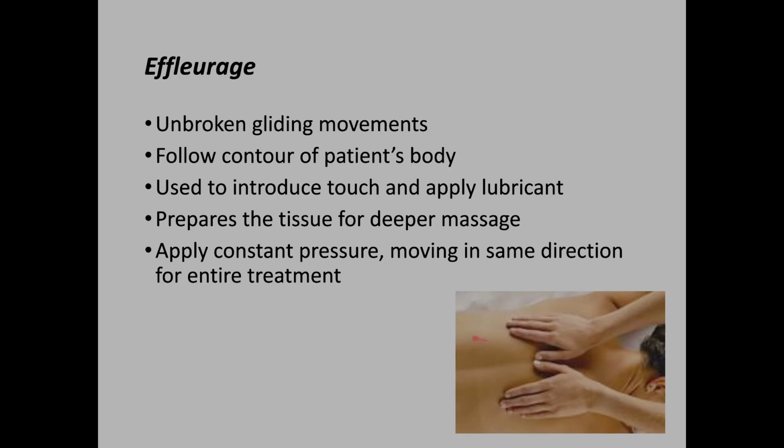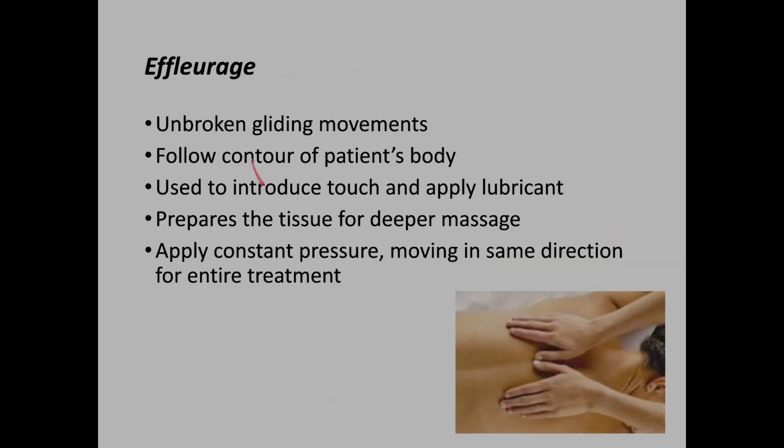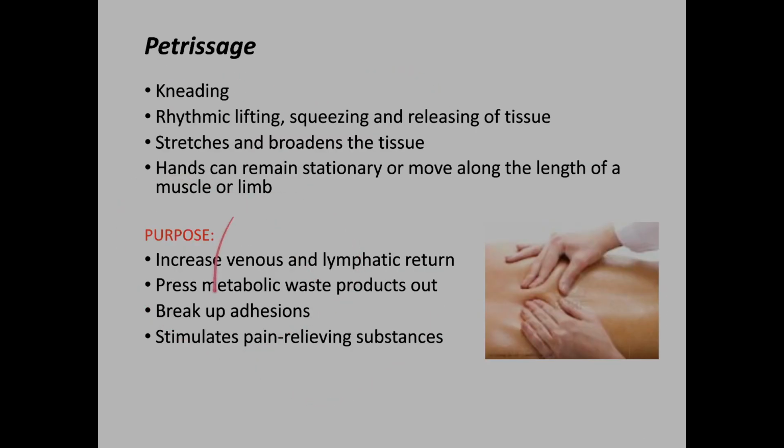So effleurage, you could have a two-handed effleurage, single-handed. We could do the tree. You could do things like the shingling, right? These are all effleurage strokes because they're unbroken glided movements following the patient's body. So understand the basic tenets of effleurage, know the tenets of petrissage, as well as their purpose, right? So why are we doing this?